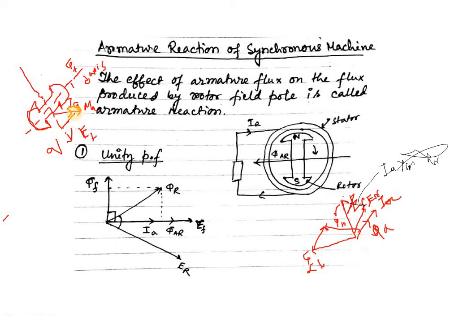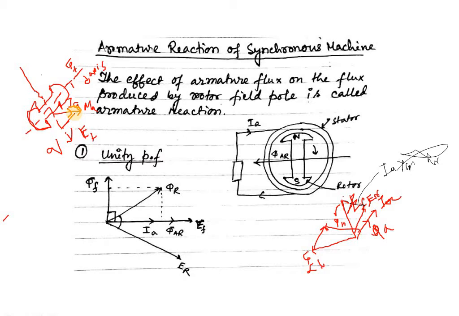In a synchronous machine of salient pole type construction, the armature flux has some effect on the rotor pole, and that is known as armature reaction.